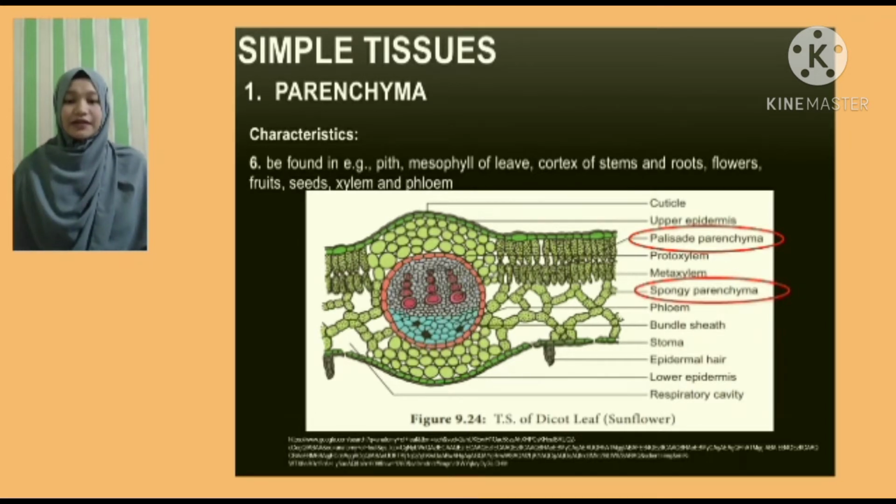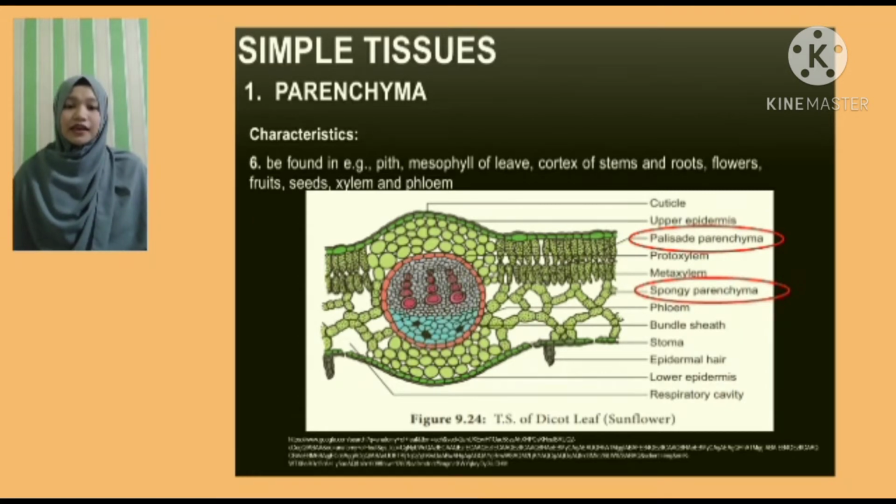The palisade parenchyma is like a post fencing, and in the palisade parenchyma there are chlorophyll cells, the green leaf matter. The palisade parenchyma serves as a photosynthetic site. The spongy parenchyma on the leaf serves as a temporary storage area for the result of photosynthesis in the form of gas, namely oxygen.